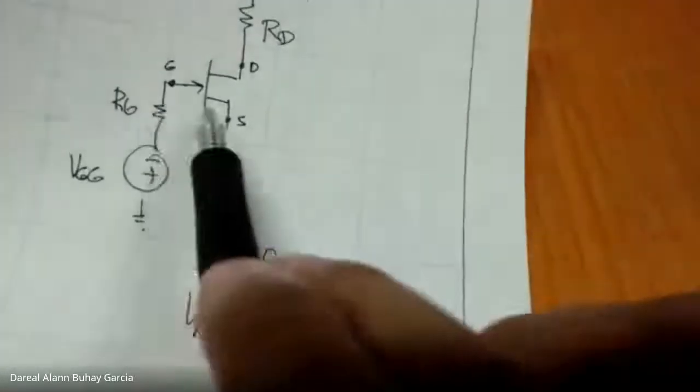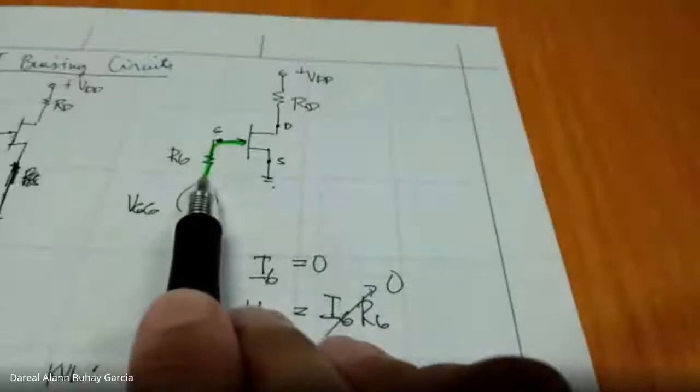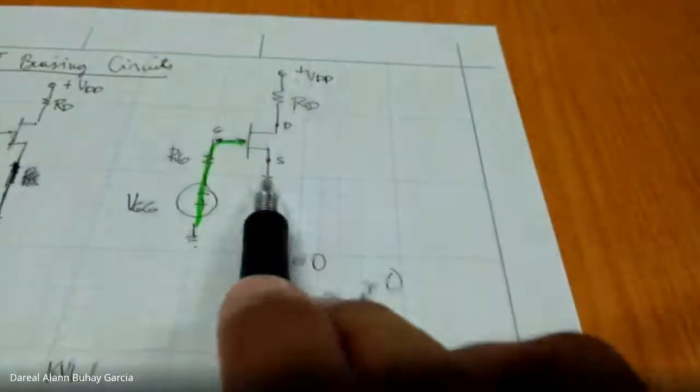KVL, dito ako na KVL sa input side. VGG minus IGRG minus VGS is equal to 0.